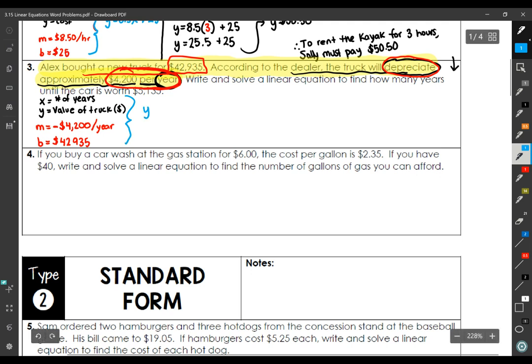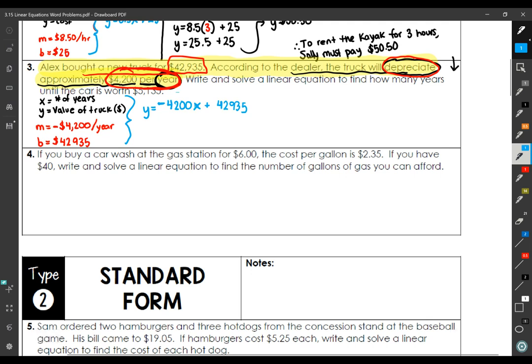So y is equal to negative 4,200 times x, which is the number of years, plus $42,935. That means that every year the price will go down by that much money.